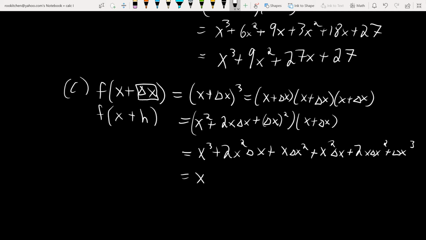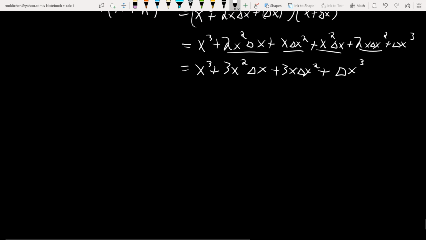And that will be x cubed plus 3x squared change in x, since there's one there and one there, or two there and one there. And then there's one of these and two of those, so plus 3x change in x squared, and then plus change in x cubed.